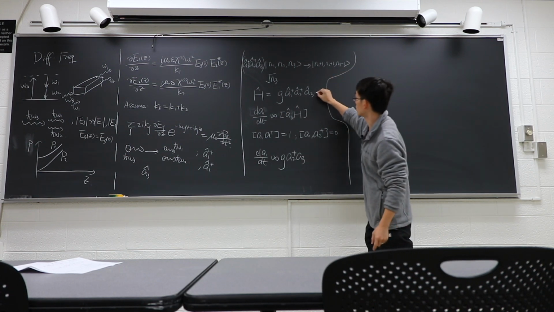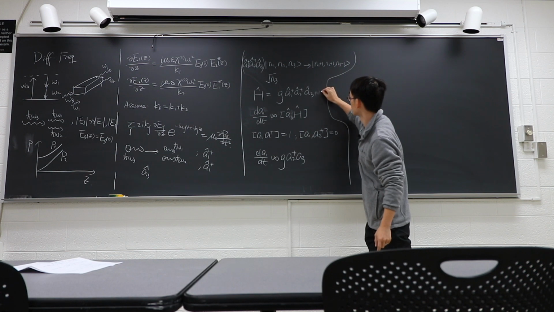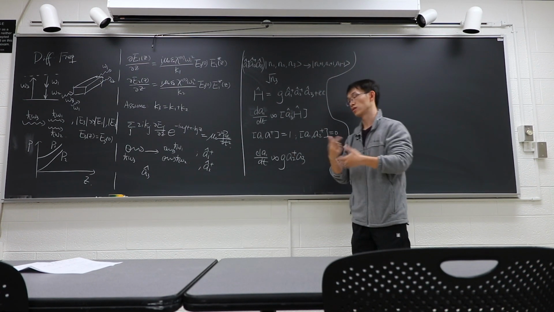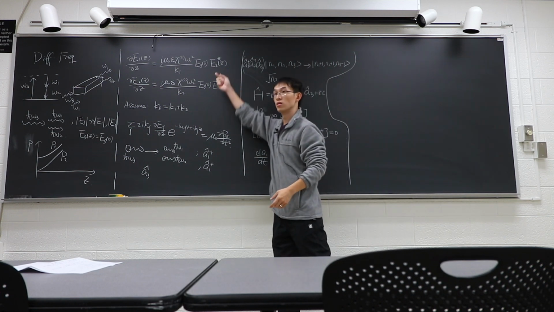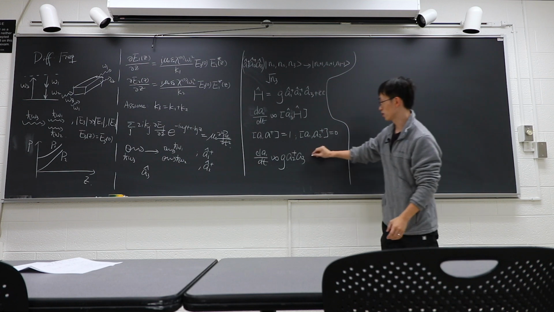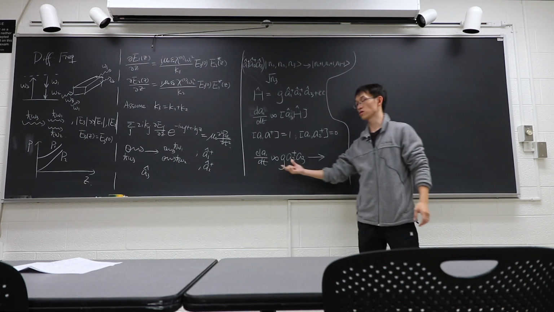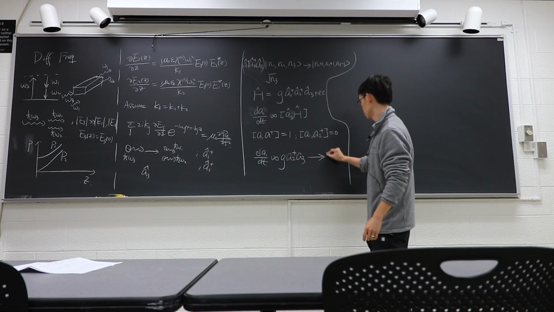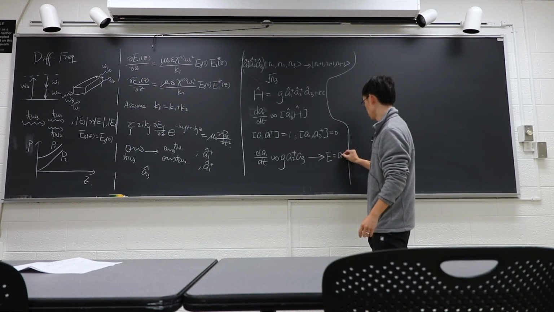And of course, you can write down the conjugate form here, and then you will find you have another one, and you can construct them into E. But usually, when you look at this, you can say, now this is a quantum regime, as E is simply A plus A dagger.